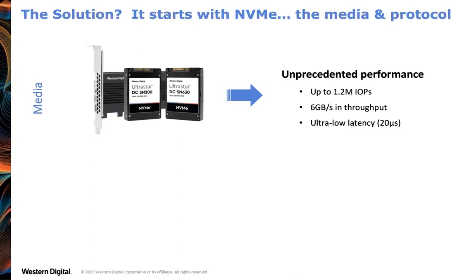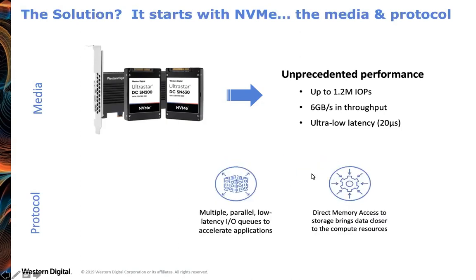Now, why is NVMe important? It's not just because of the media, it's really because of the protocol and the benefits that this new protocol brings with it. So first of all, it provides you with higher PCIe bandwidth than SAS or SATA, right? We're seeing up to 2x faster performance just in throughput from the get-go, and that's on a single device. Second, you get multiple parallel low latency queues.